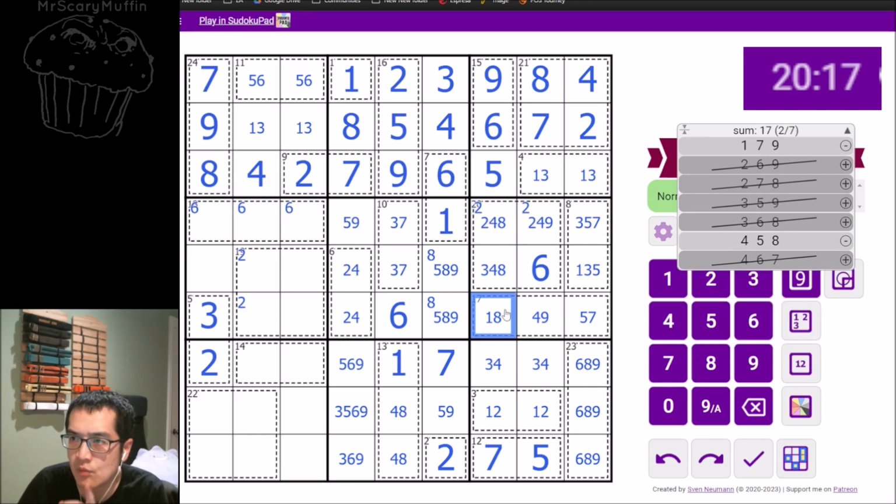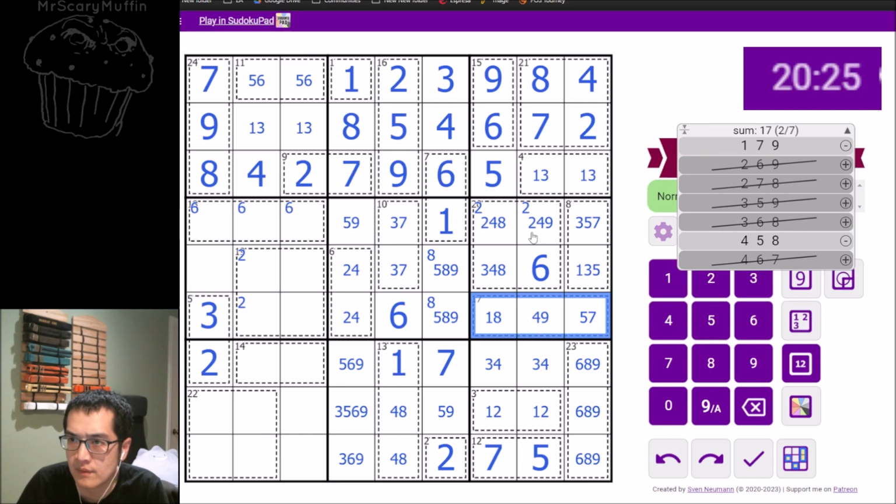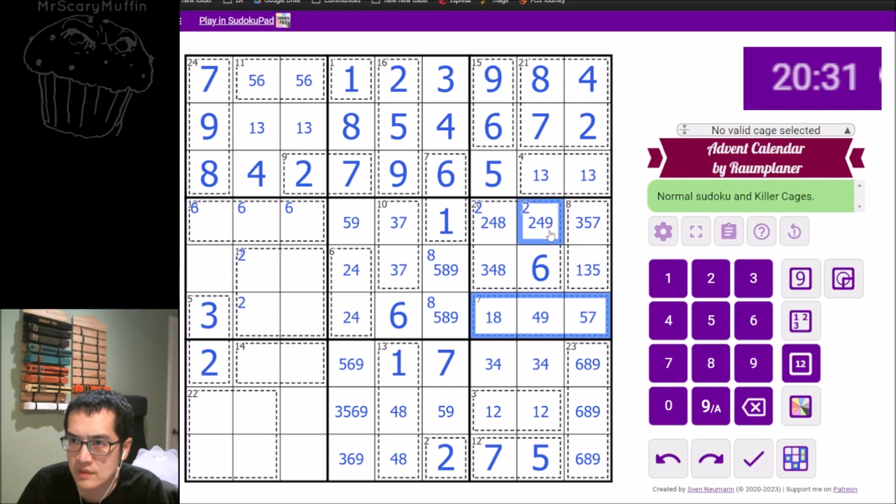So let's say if there's a 1 here, right? So then we're doing 1, 7, 9, which means the 9 is not up here. Then 2 cannot be here. The 2 would have to be. This would be 2. This is 4, 8, which makes this a 3.